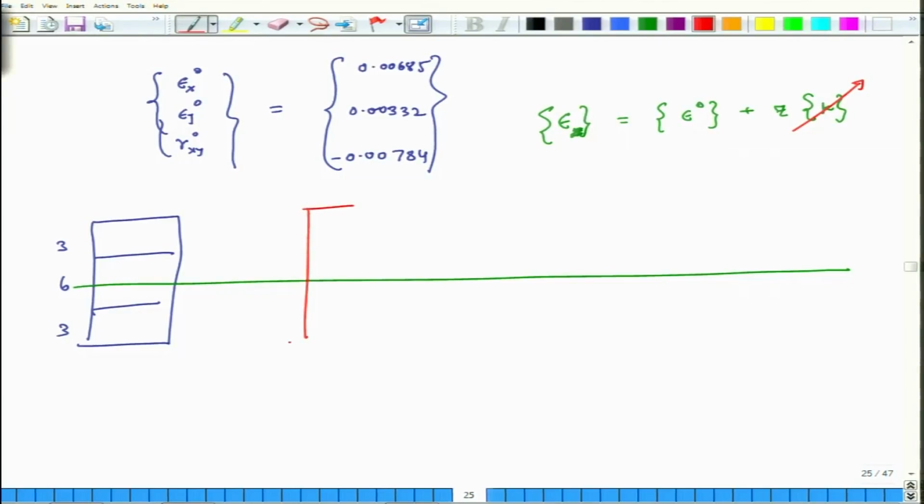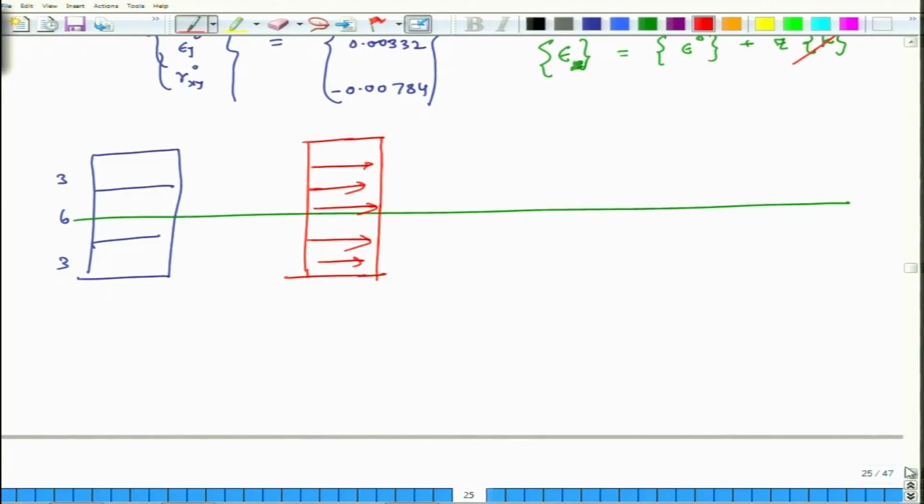In all the layers epsilon x is 0.00685, epsilon y is 0.00332 and gamma xy is negative 0.00784. This will not be the case if there is bending, but because curvatures are 0, the strains are uniform.